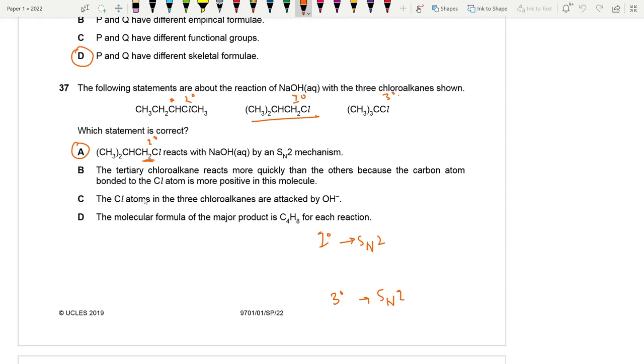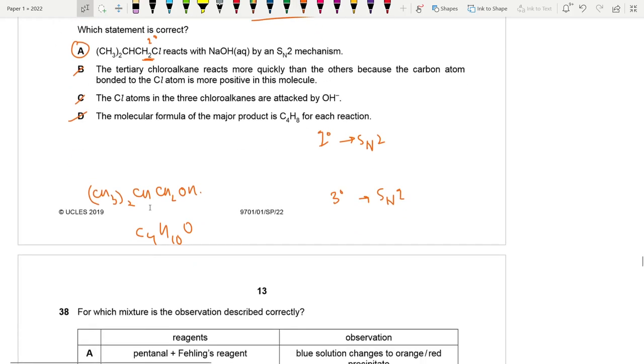Is it though? Let's see. CH3 CH2 CH CH2OH. So that's actually C4H10O. This is the molecular formula. Okay, so D is wrong. We're going to go with 37A.